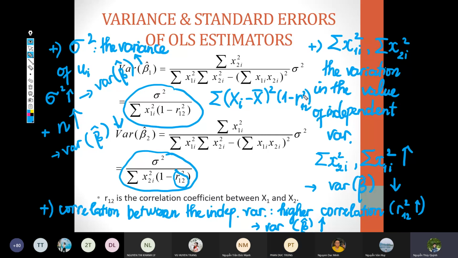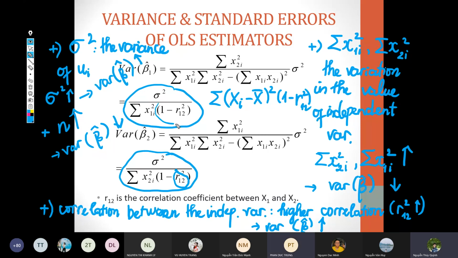Thực ra thì nó sẽ là ở từng quan sát nhé. In each observation, you have to calculate the value of x1 square, and then you sum them up, and then multiply by this one.